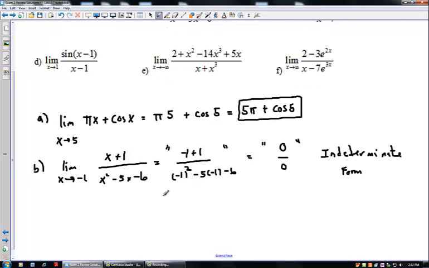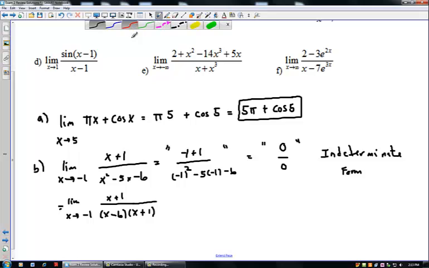So over here, I'm going to rewrite this as the limit as x goes to -1. I have x plus 1 on top, and I'm going to factor the bottom. So I'm going to have this as x minus 6 times x plus 1. And when I do this, this x plus 1 is going to cancel on top and bottom, and that's my indeterminate form basically going away.